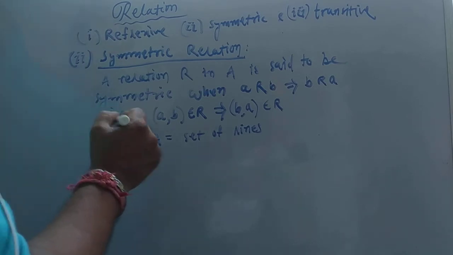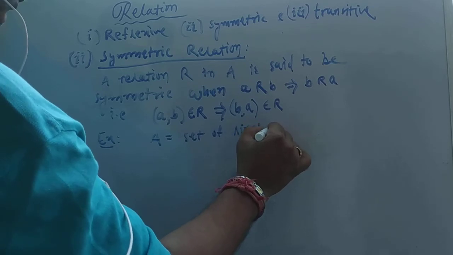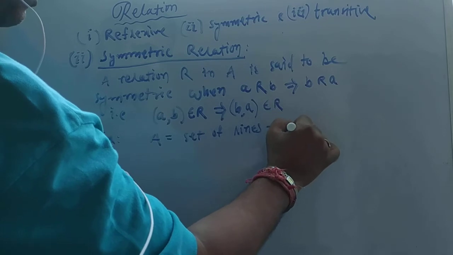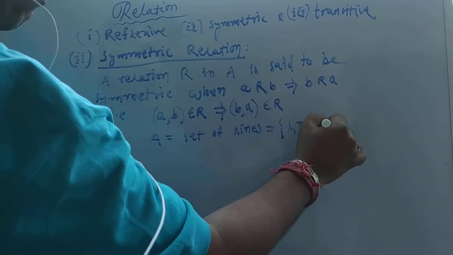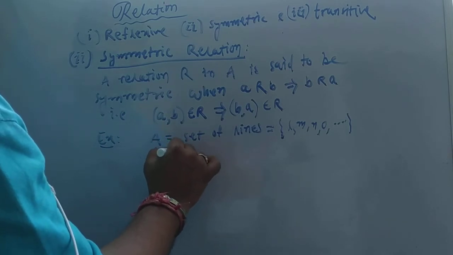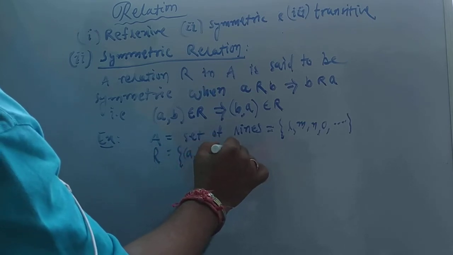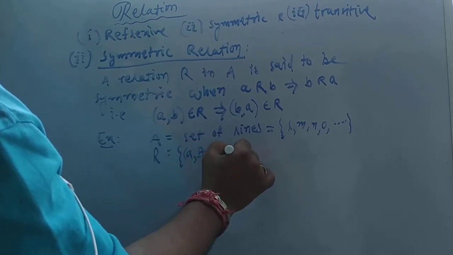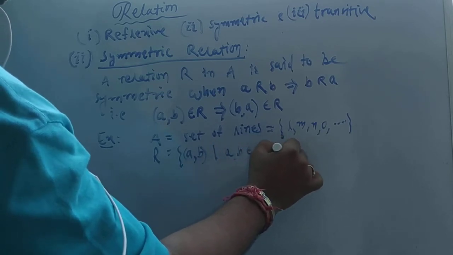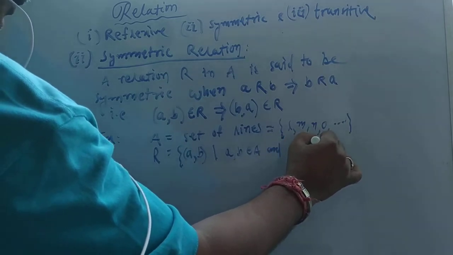Okay, and R the relation (A, B) such that A, B belongs to A and A is parallel to B.